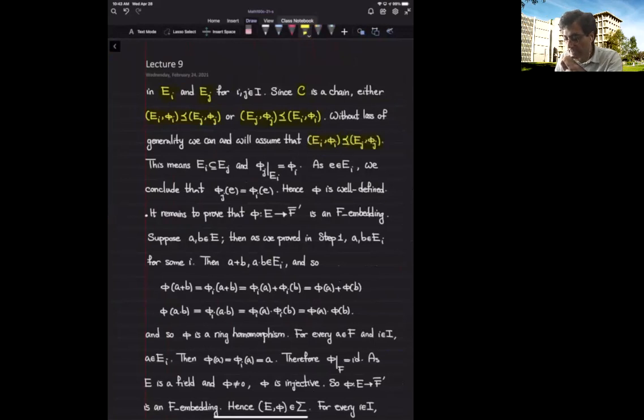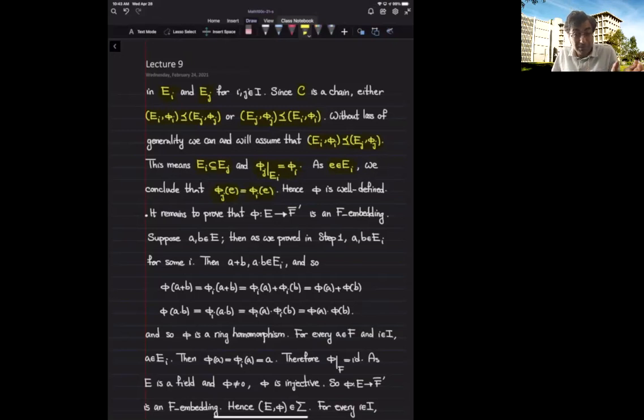That means E_i is a subfield of E_j, and φ_j is an extension of φ_i. Because e belongs to the smaller field, I can talk about both φ_i and φ_j. But φ_j, when restricted to E_i, is the same as φ_i. So φ_j of e is equal to φ_i of e.